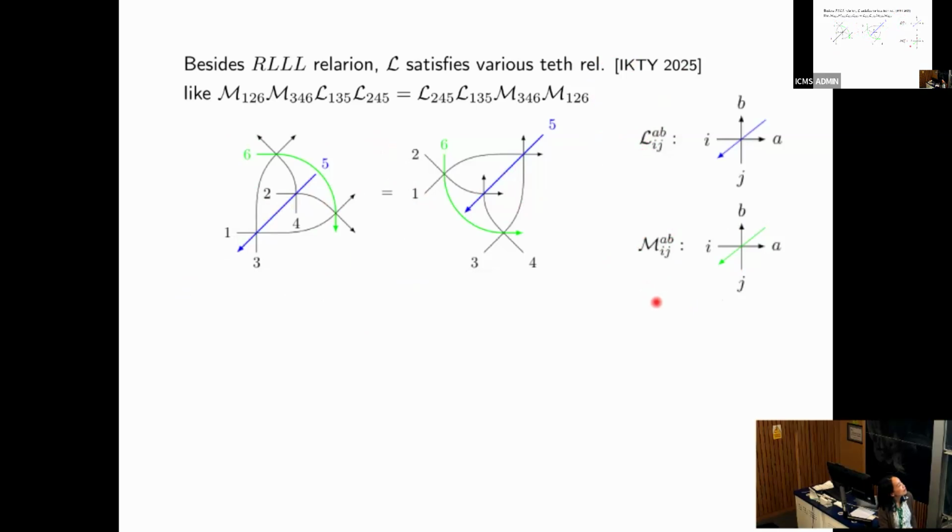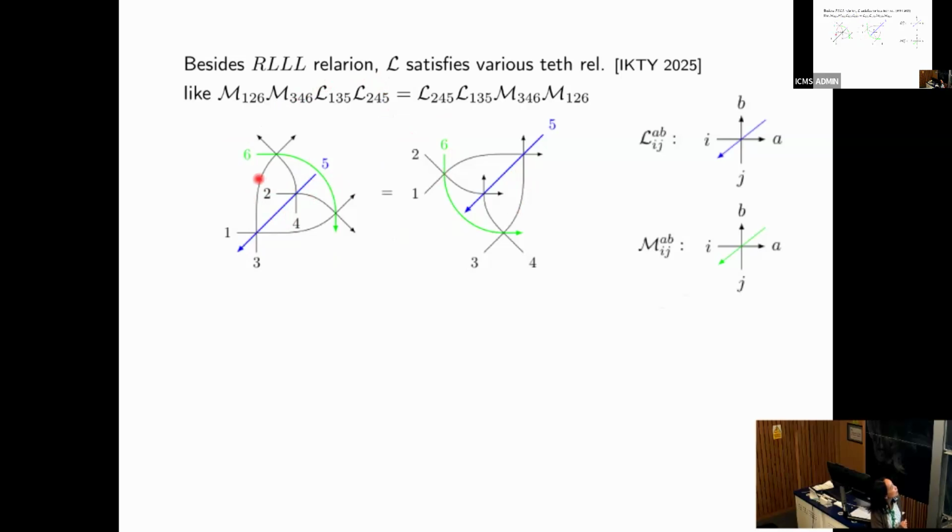We also have a q-Weyl algebra acting on this green arrow, but a slightly different q-Weyl algebra. Anyhow, they satisfy this kind of relation, the MMLL relation.